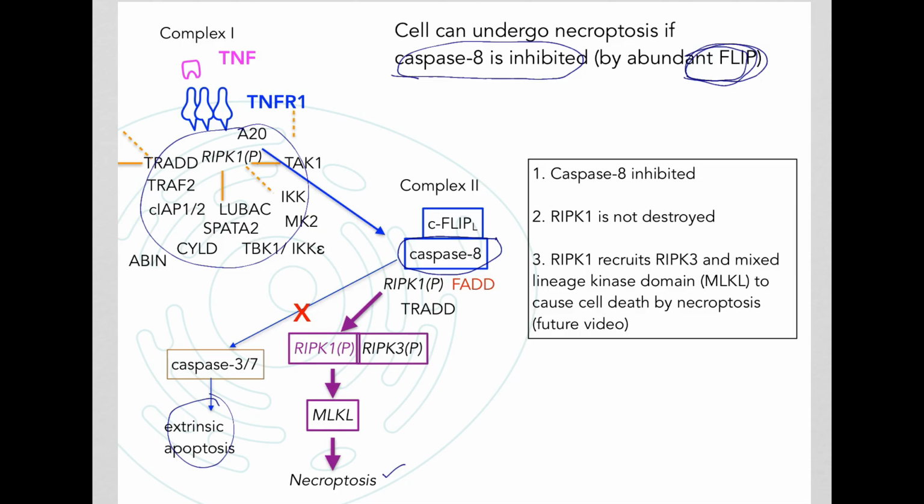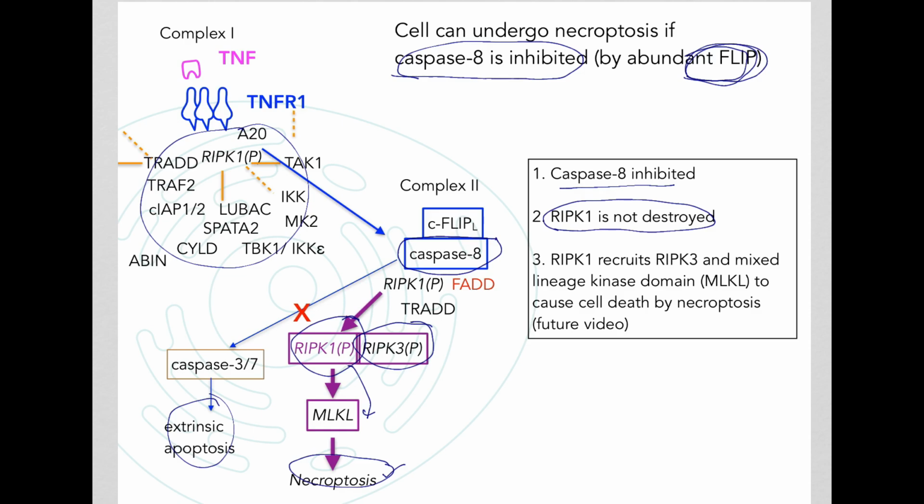So caspase 8 is inhibited, RIPK1 is not destroyed. If RIPK1 is not destroyed, if caspase 8 is inhibited, now RIPK1 will recruit RIPK3, that will recruit this protein MLKL, that will now trigger necroptosis.